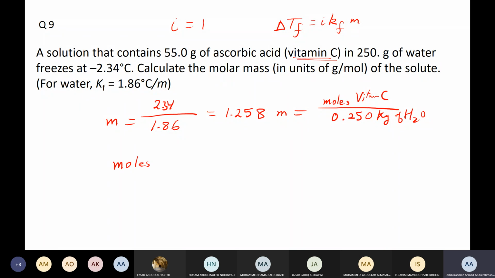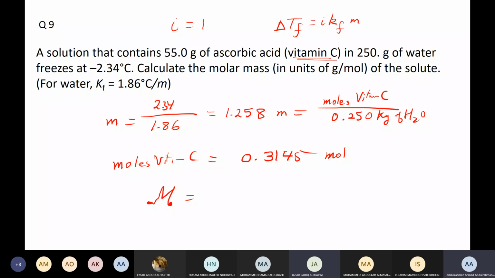Moles of vitamin C. 0.3145. Okay, who got the same answer? I got it.